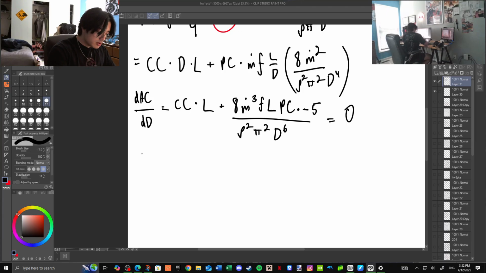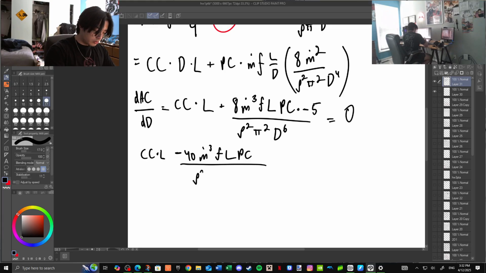And so we're going to simplify it a little more here. So we do this, -5 times 8, we'll get -40 mass flow rate cubed, friction factor, length, times PC, all of this over rho squared, pi squared, d to the 6th is equal to 0.